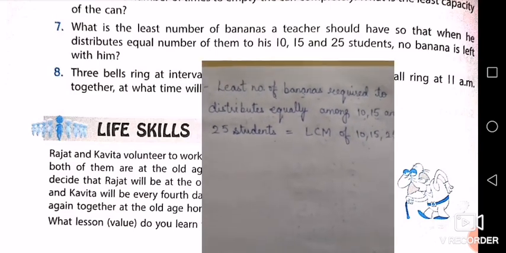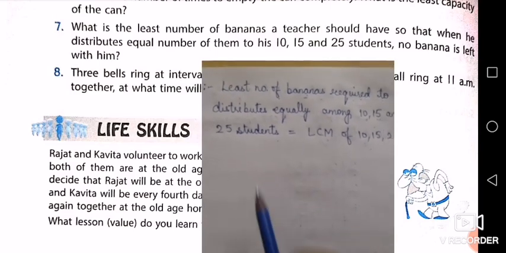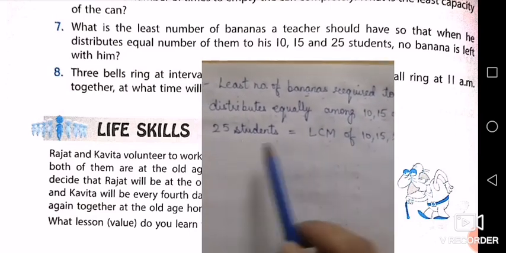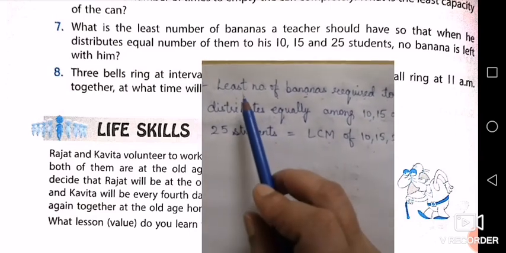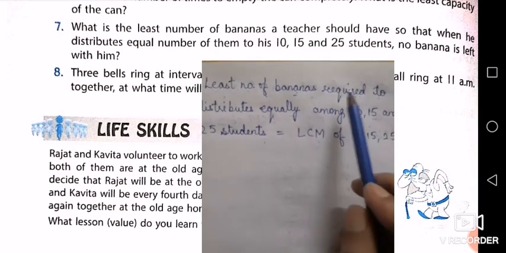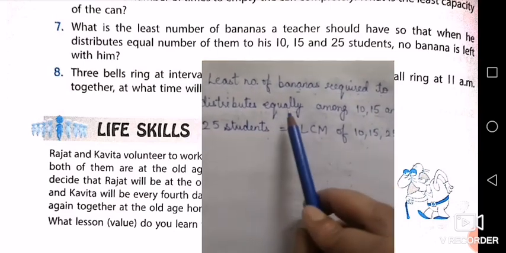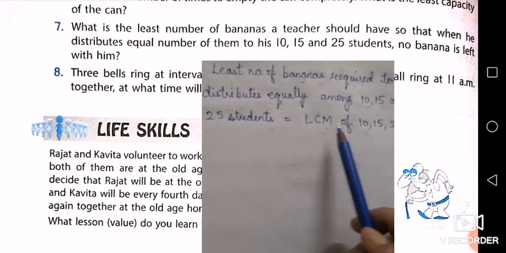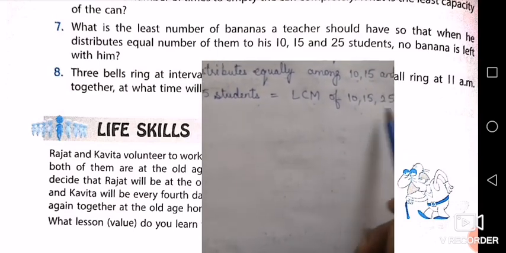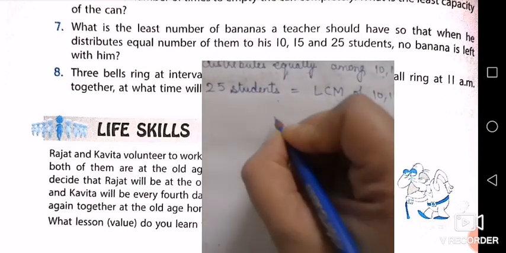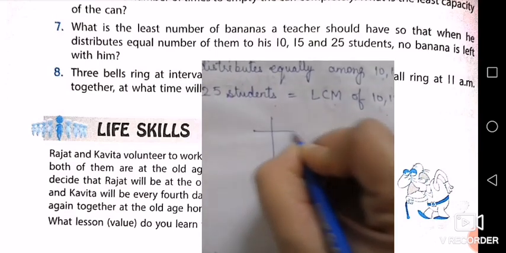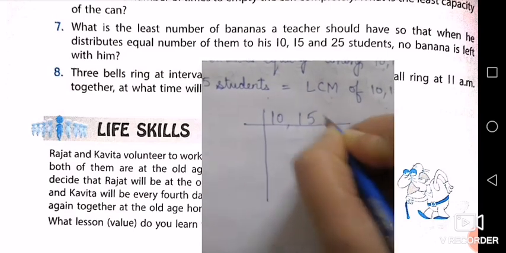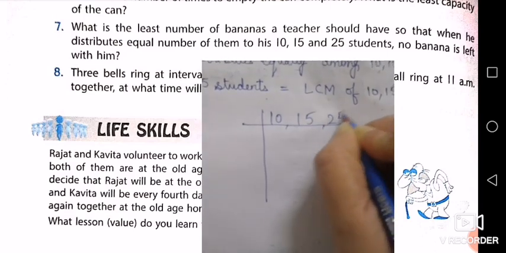In the same way, you will write this statement in your copy also. This whole statement you will write together only. Now the next step is to find the LCM of 10, 15 and 25.